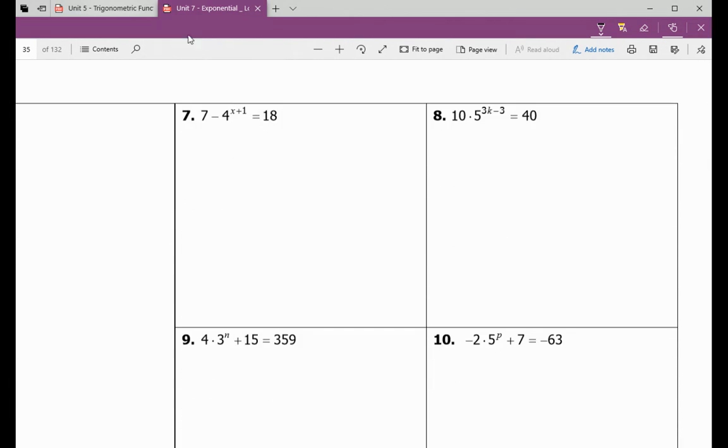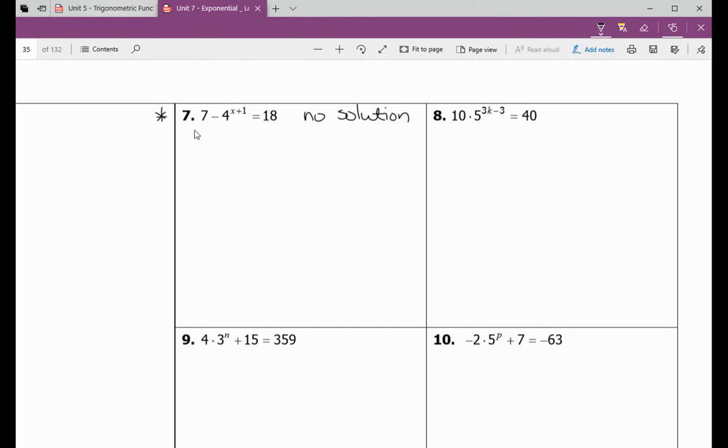But there is a reason I want to show you number 7, because this is actually a no solution scenario. And I want to explain to you why you might end up with a no solution scenario when I keep saying that exponents can be anything, okay?